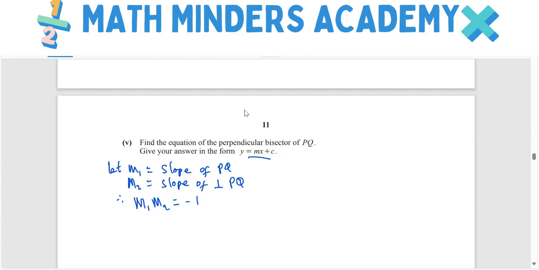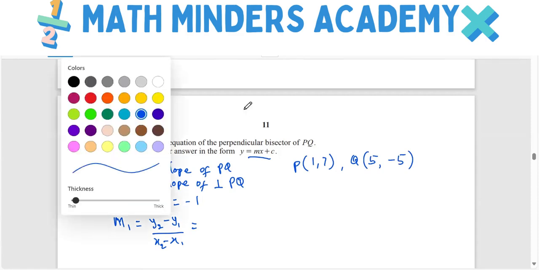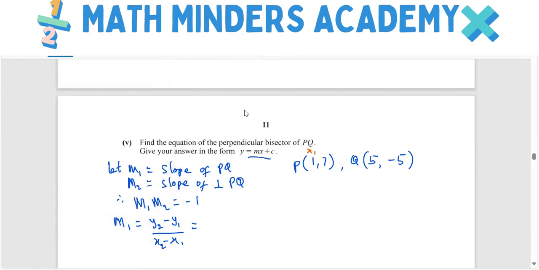Now, we can get M1, that is y2 minus y1 over x2 minus x1, rise over run. When we look at P, this is the coordinate of P, and this is the coordinate of Q. So this is our x1, this is our x2, this is our y1, and this is our y2.